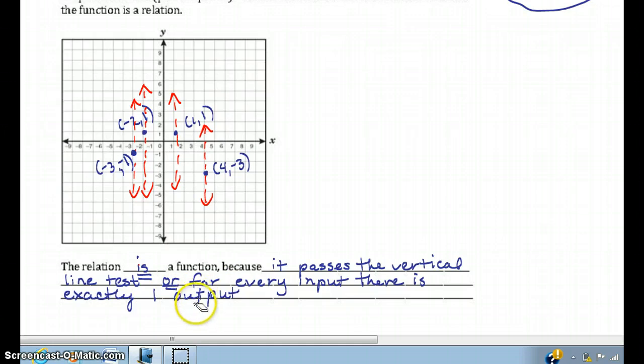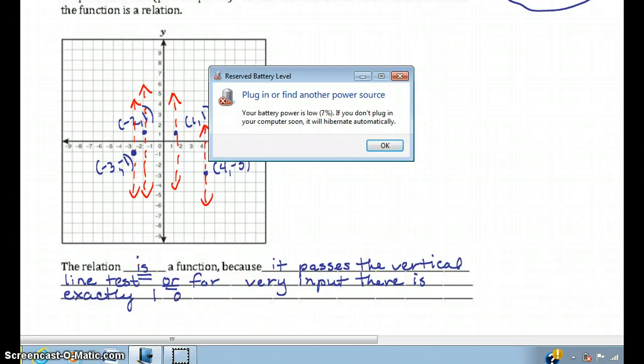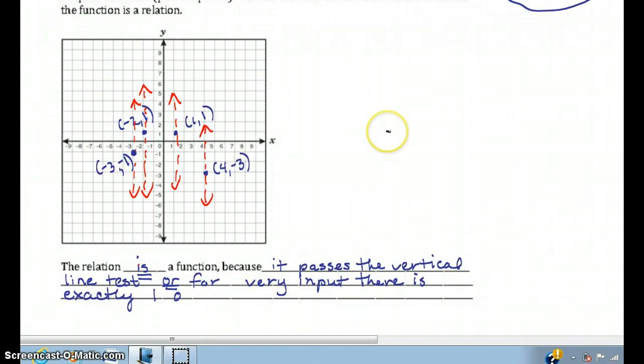Sometimes students get a little bit confused about when the output values are the same. So let me finish writing this. Or for every input, there's exactly one output.